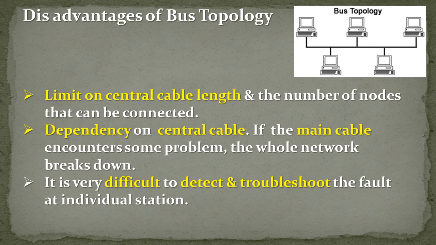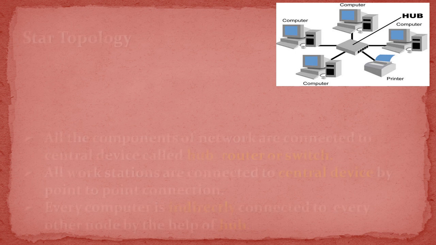If the main cable encounters some problem, the whole network breaks down. Next, it is very difficult to detect and troubleshoot a fault at an individual station. So this was all about the disadvantages of bus topology.